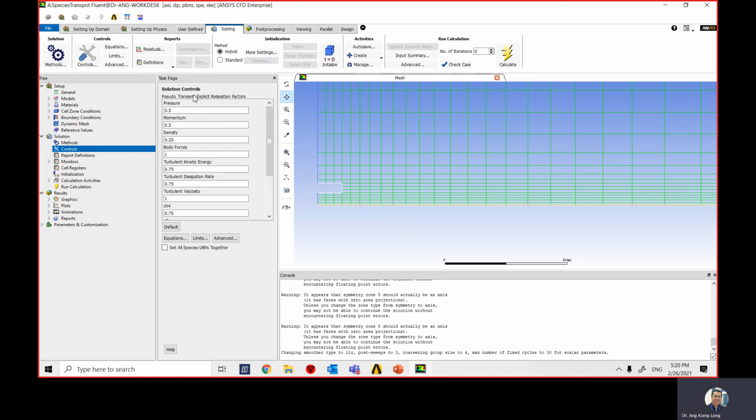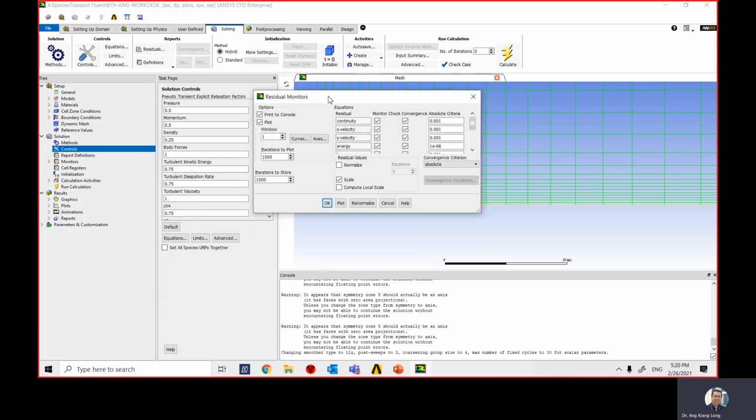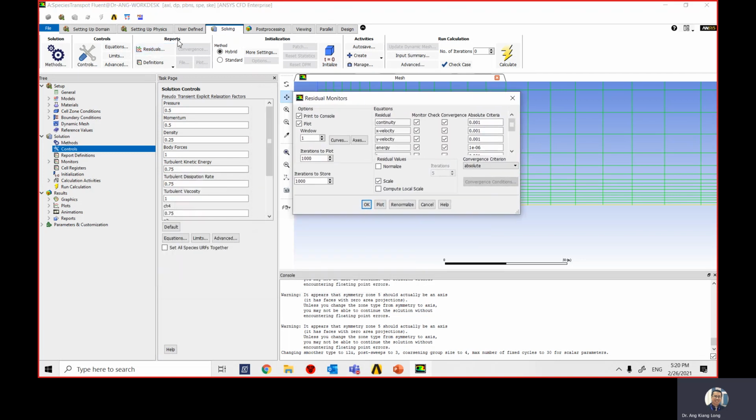After done with your solution control, we will ensure that we are plotting residuals during the calculation. Residuals will help us to see the activity in our simulation. So we need to activate the residuals. Where are residuals? Under solving, reports, residuals. So just open up the residuals. Make sure you have ticked the plot here so that later on the plot will come out.